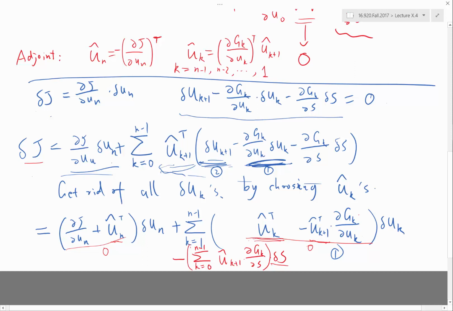Right? These different terms in the summation are multiplied with different delta u_k's. It's a summation over k, right? So not only do I want delta u_N to disappear, I also want delta u_{N-1} to disappear, and delta u_{N-2} to disappear. So if I want all these delta u_k's to disappear, I need all these parentheses for all these k's to disappear.